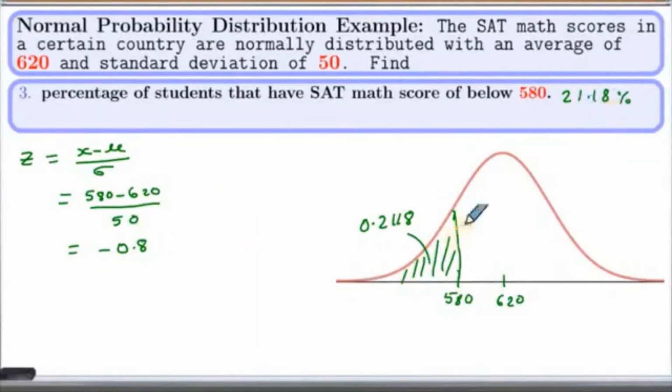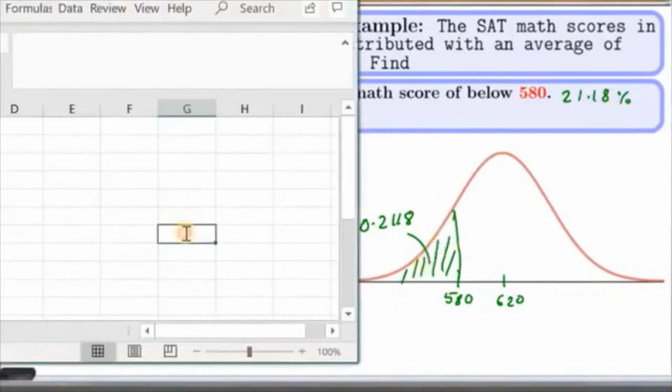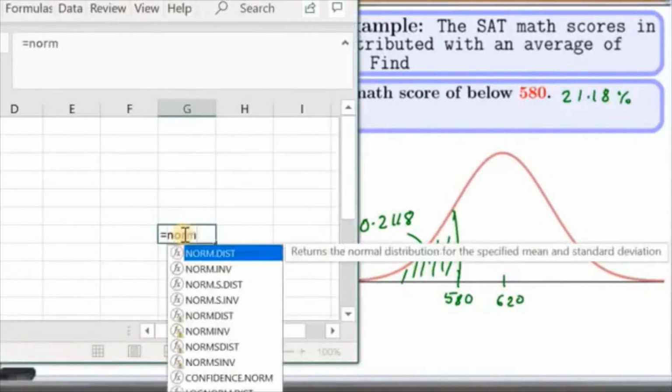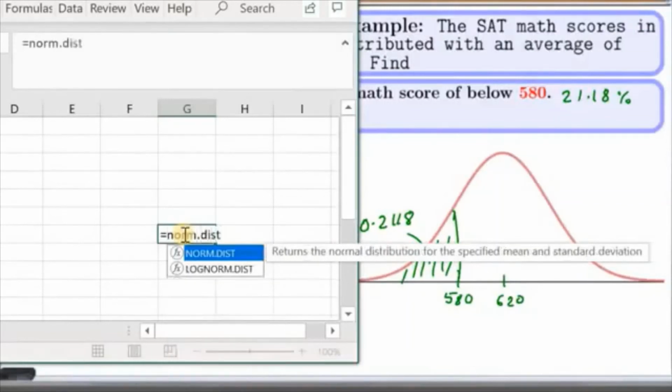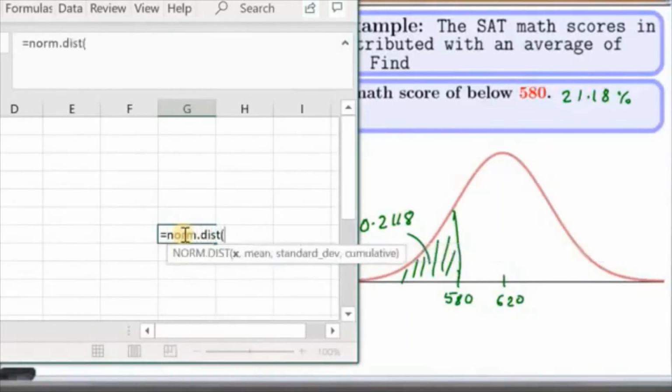Now let me show you how to find this area using Excel. For that, type in equals norm.dist, then put your parentheses. Our x here is 580. Our mean is 620.